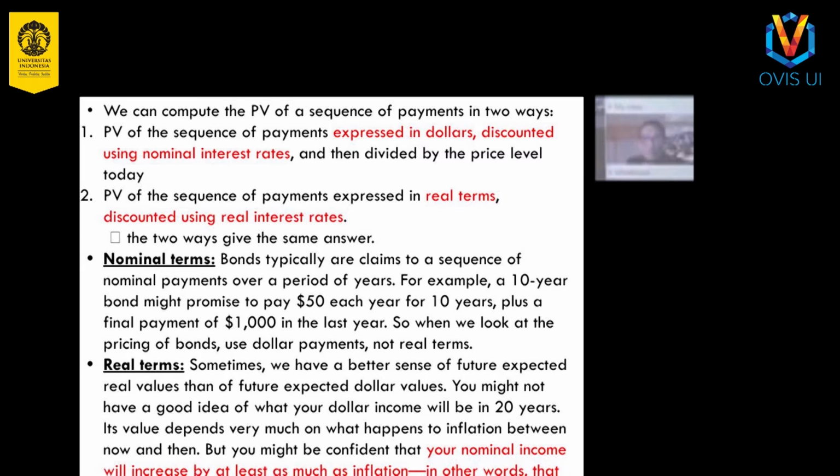Now, there are two ways to treat all these prices and payments here. One is called the nominal approach. The second one is called the real approach. In the case of the nominal approach, suppose today you decide to buy SUN. SUN is Surat Utang Negara, which is government bonds, right?